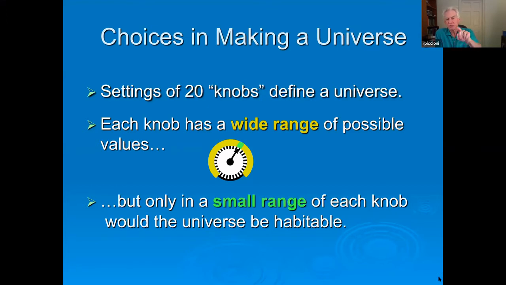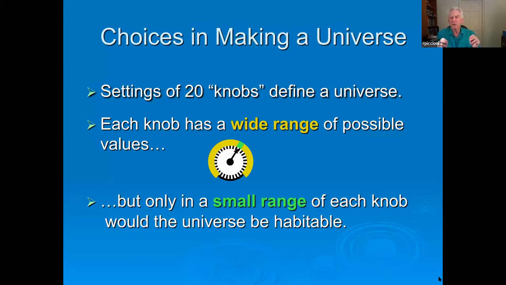Because in the vast majority of all the other ranges, you'd have a universe that would almost immediately collapse into a black hole, or would expand so rapidly that there would not be any time for stars to form. And if you can't form stars, you're not going to get the atoms that life requires. So it turns out that these 20 knobs really need to be finely tuned to get a universe that could support life.